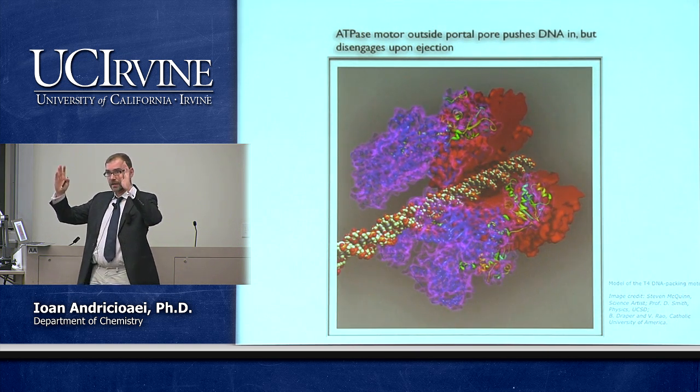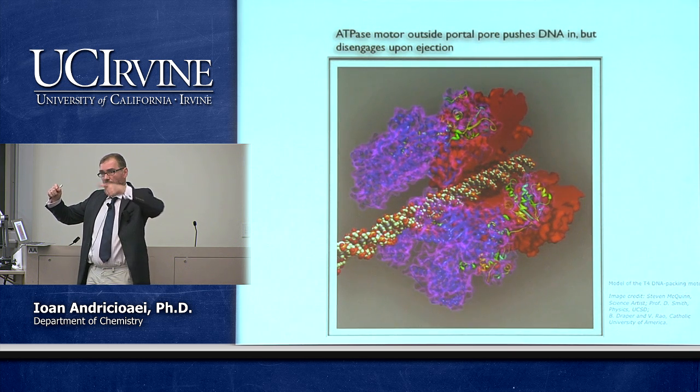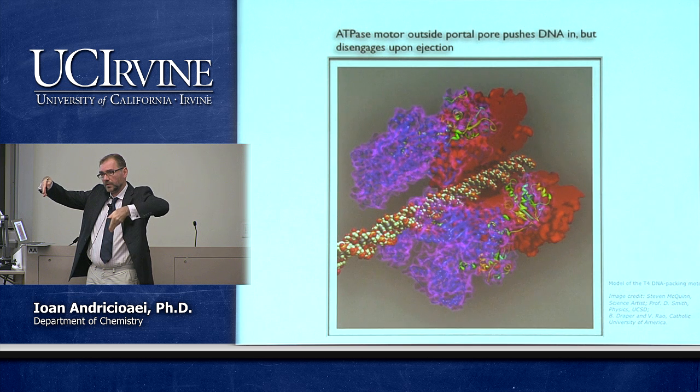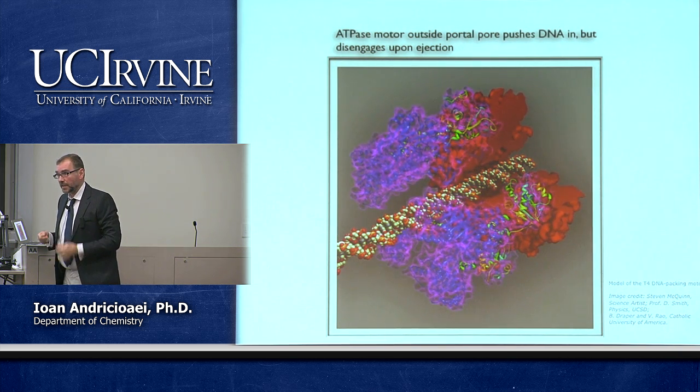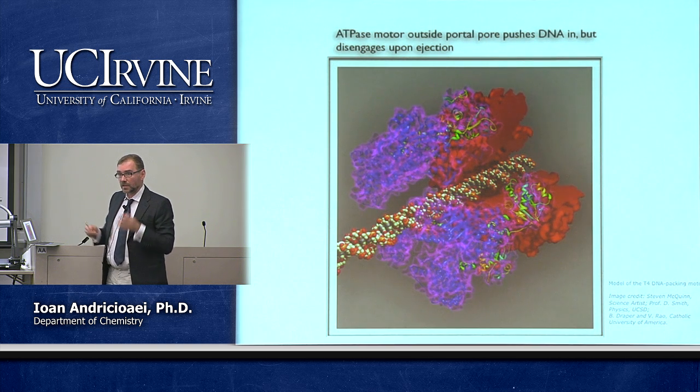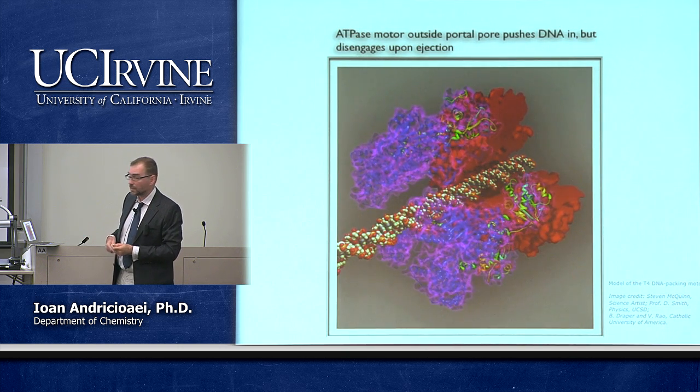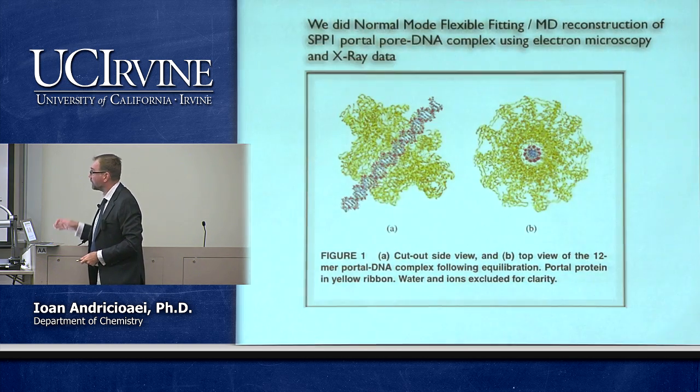Well, if the corkscrew model is correct, and I place dyes on the DNA as it goes through, there will be a 360 degree rotation, so one dye will move relative to the other sufficiently that there will be a distance change that will lead to two colors in the FRET measurement. But that kind of color change was not seen. In other words, there was no large motion between the two dyes, which implied that apparently the DNA did not rotate. So that's what we set up to do.